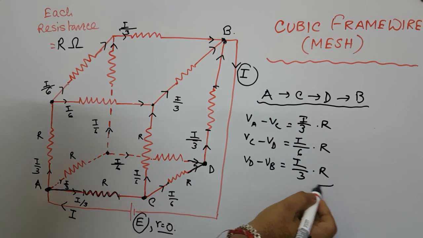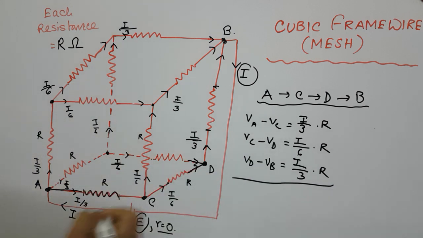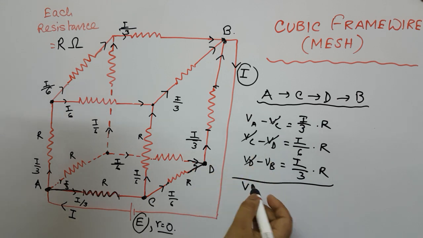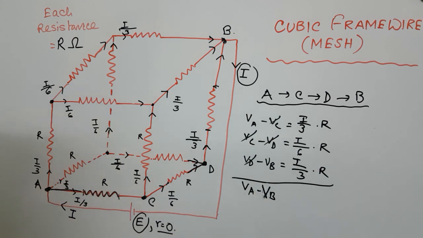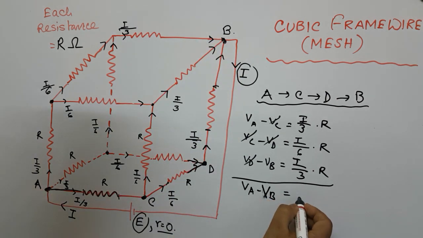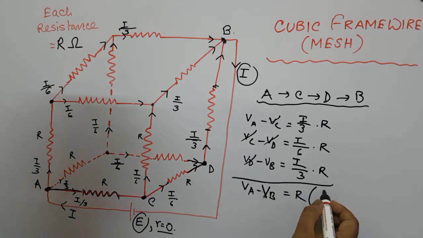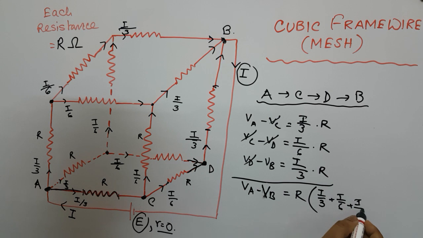If we add up these three equations, VC will cancel out and VD will cancel out, so VA minus VB, the potential difference across these diagonally opposite points, will be R times, in brackets, I by 3, I by 6 and I by 3.